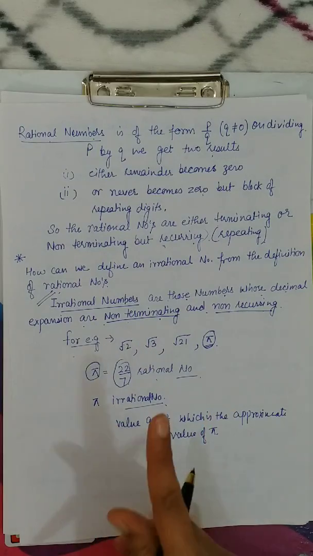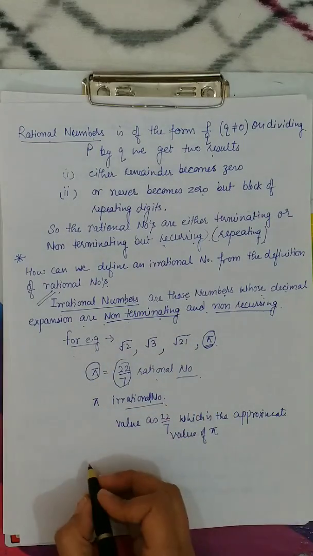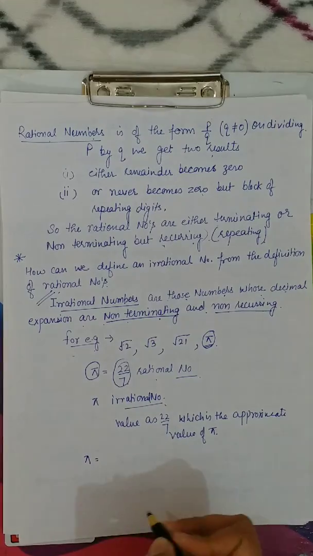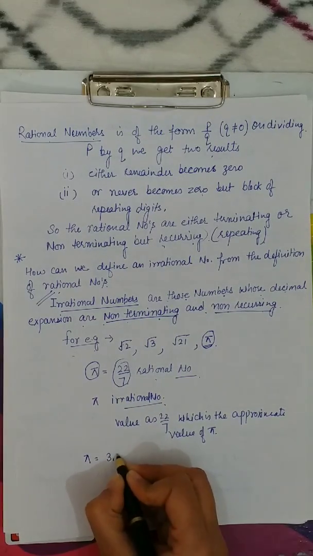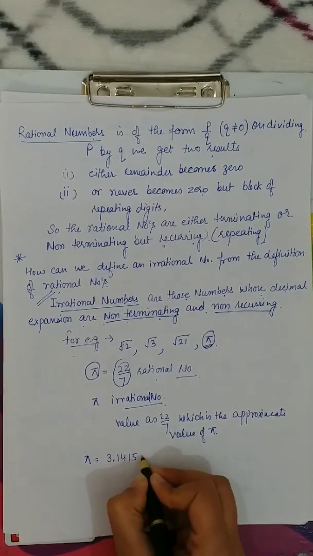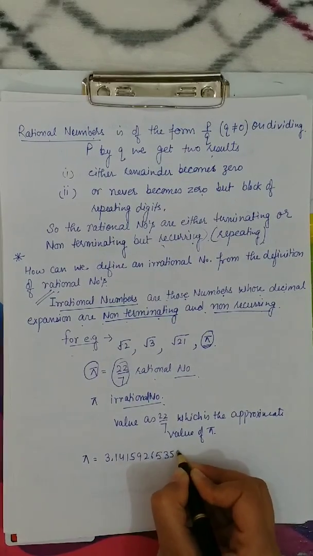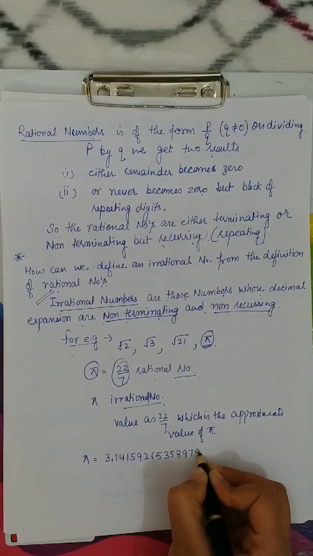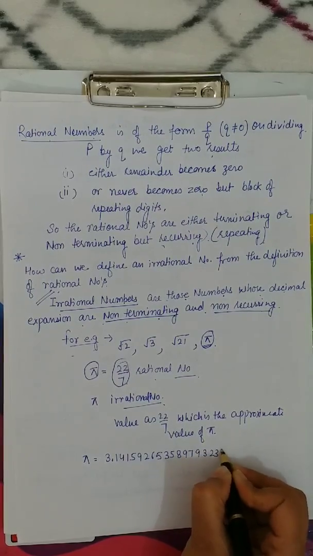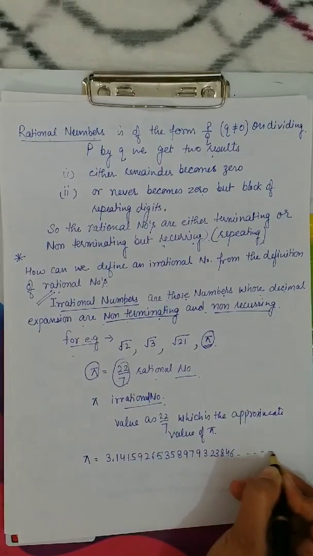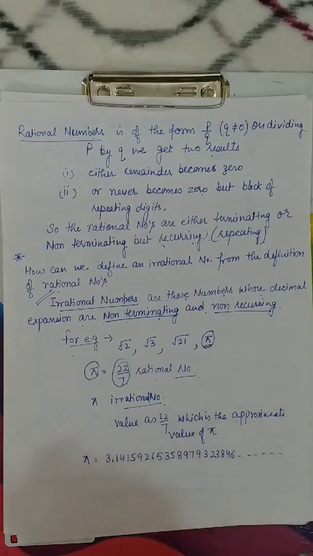But pi is an irrational number because the decimal expansion of pi is 3.14159265387932384 and so on. It goes up to infinity.